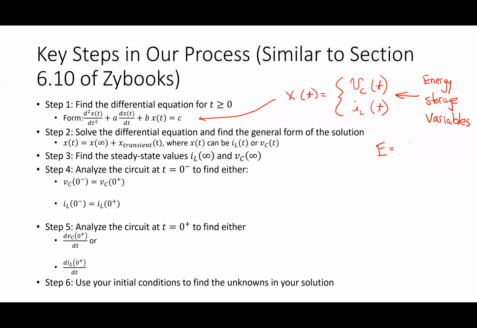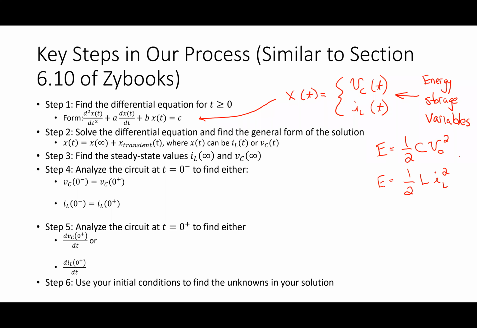And what's the expression for that energy on a capacitor? One half C V squared. And what would it be for an inductor? One half L I squared, yeah. So those are my energy storage variables.